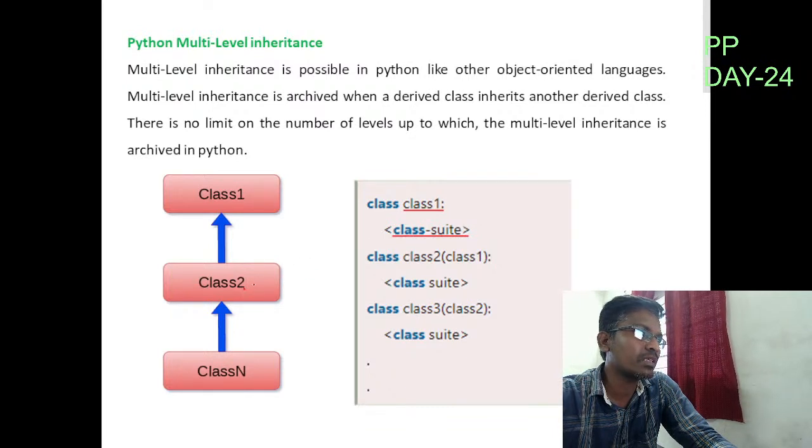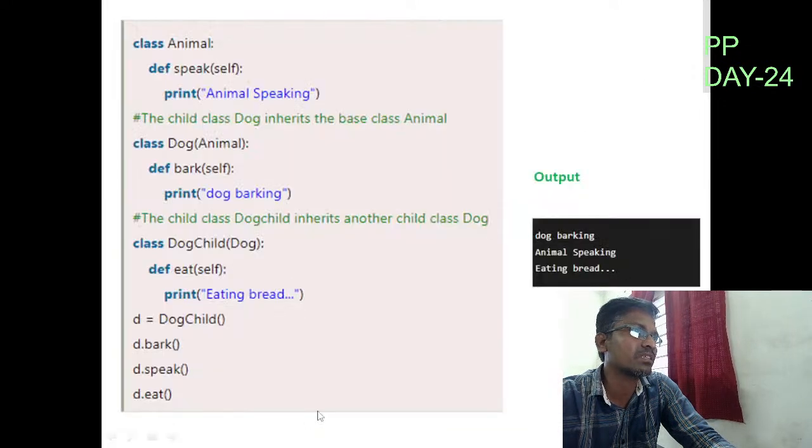If you want to derive a subclass, you write class followed by class 2 and the base class in parentheses, colon. Similarly, if you want to derive a third class, you write class 3, and the third class will be derived from class 2. That's why I'm writing class 2, colon, and the body of class 3. Like that you can write any number of levels.